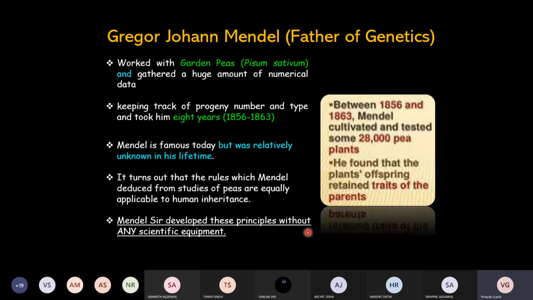There was no equipment, and he was the first person who brought the concept of statistics or mathematics, I will say, into biology. He analyzed the data very carefully using the statistical methods which were there, and he was able to formulate the principles. Although the experiments were done in plants, the garden peas, those are equally applicable to human inheritance.